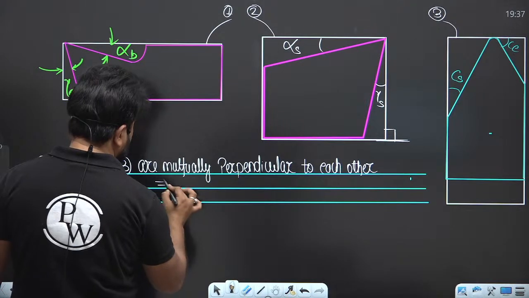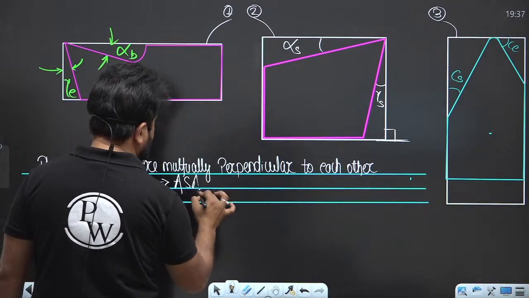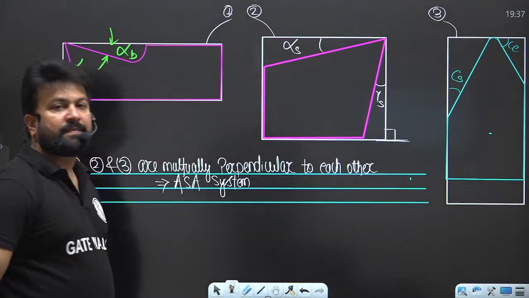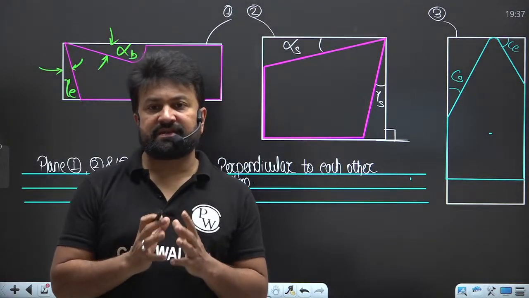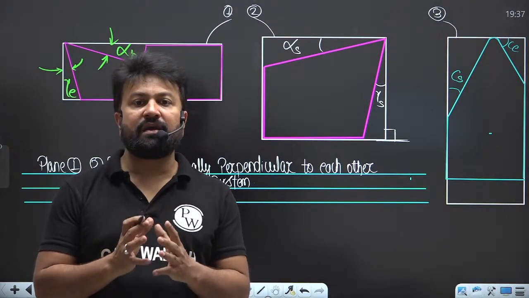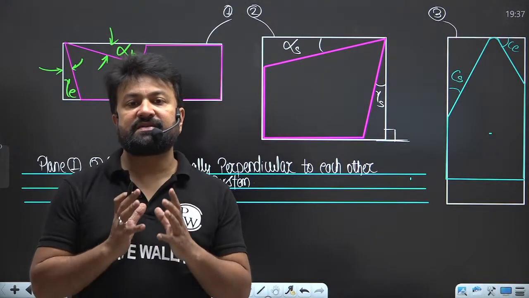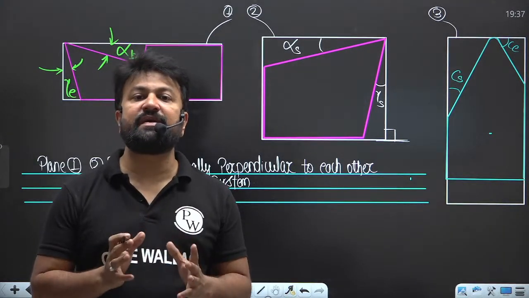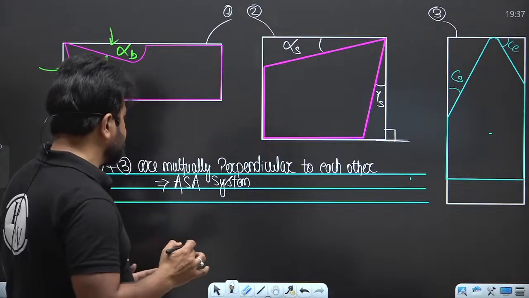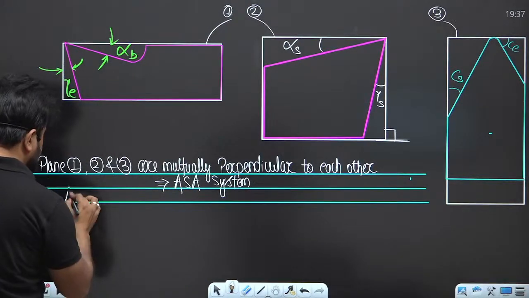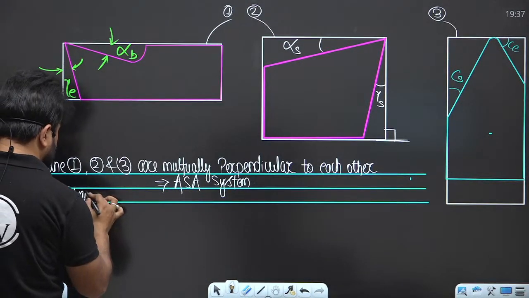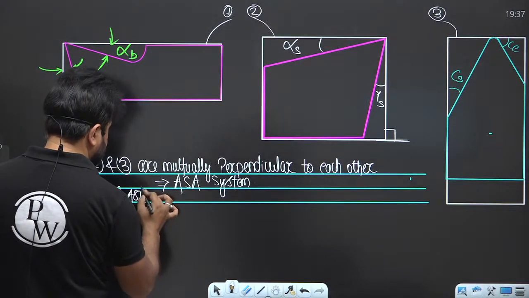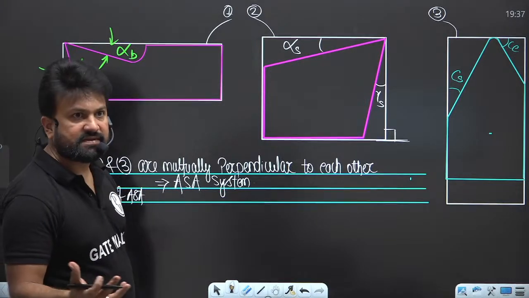When you see the tool in planes which are mutually perpendicular to each other, this system is known as ASA. The advantage of the ASA system is that understanding and measurement of angles are easy. Sometimes students ask, sir, why are we using the ASA system?